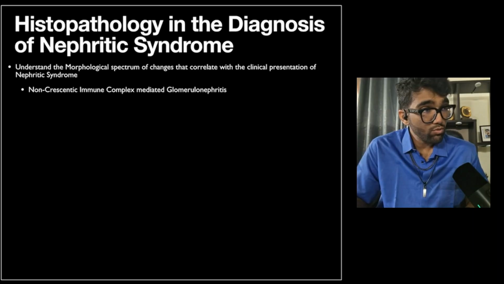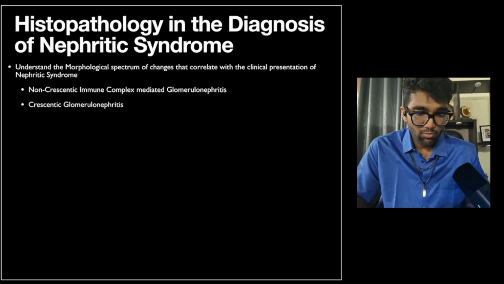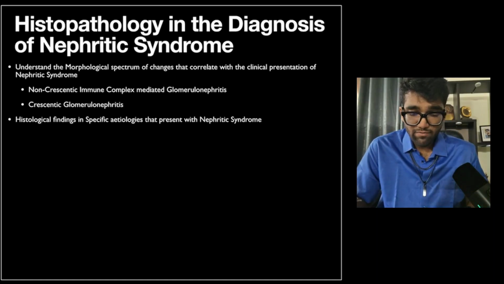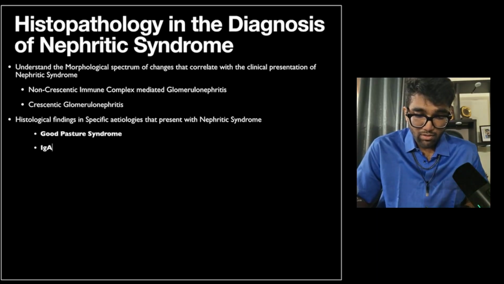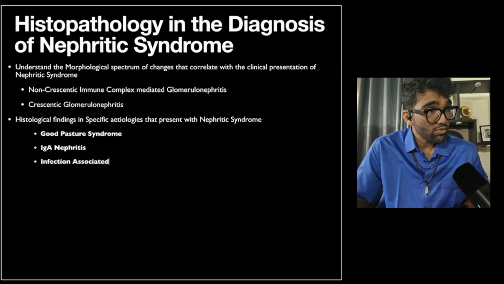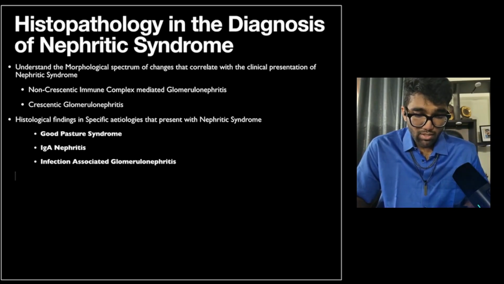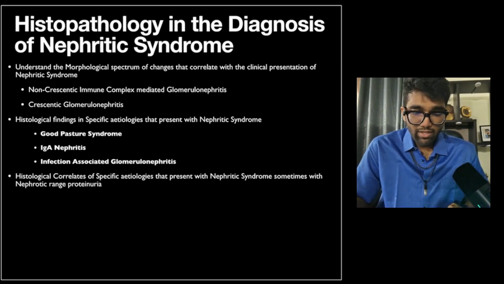This will include non-crescentic immune complex mediated glomerulonephritis, crescentic glomerulonephritis, and histopathological findings in specific etiological entities that present with a nephritic presentation. That would include Goodpasture syndrome, IgA nephropathy, and infection-associated glomerulonephritis. That will be all that I'll cover here.